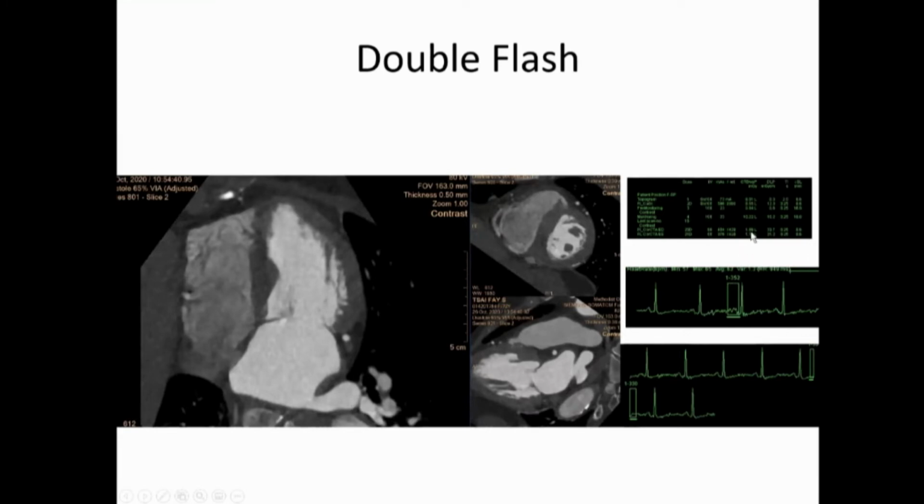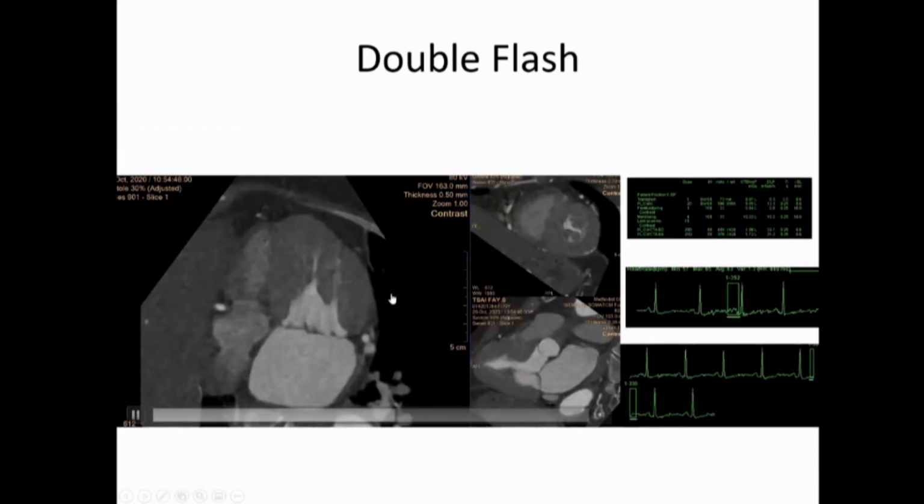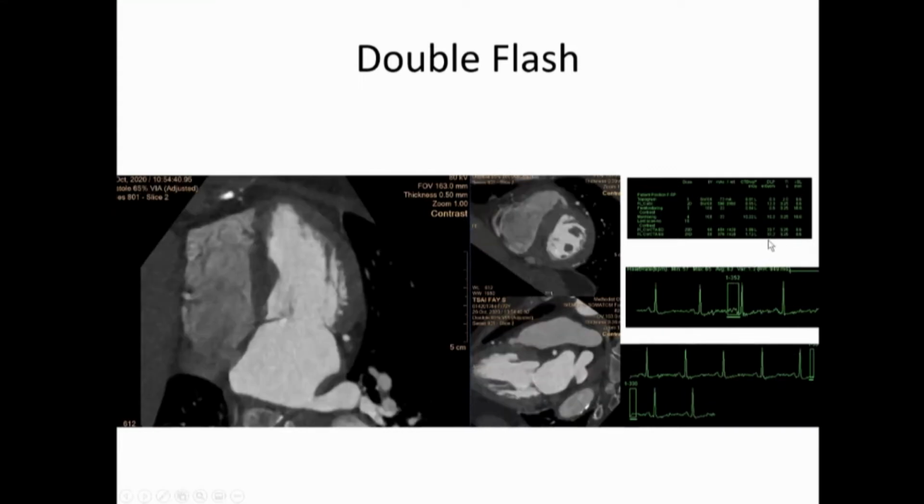And the key here for you to understand is that retrospective gating without dose modulation, which I showed you earlier, needs in most cases about 15 to 20 millisievert. This study, for instance, was acquired with a DLP of 68, which is equivalent in this case to 1 millisievert.